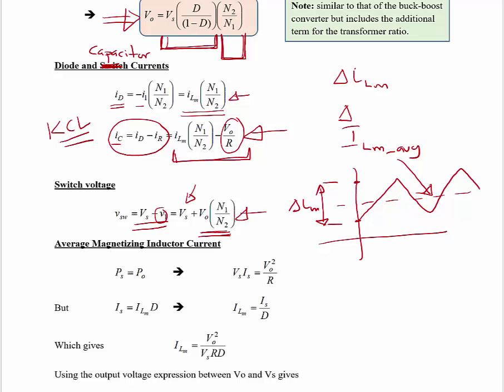So that is going to be our next target, to find the average, and then use that in addition to the change in inductor current to find the minimum and the maximum current.